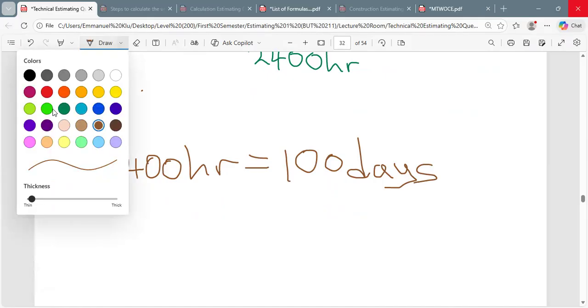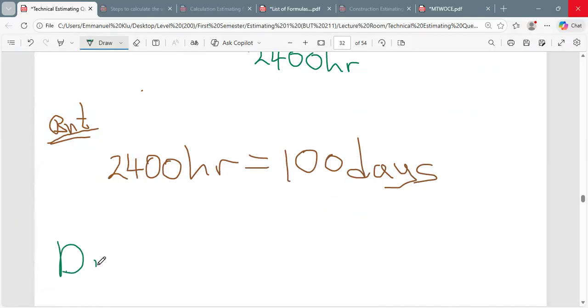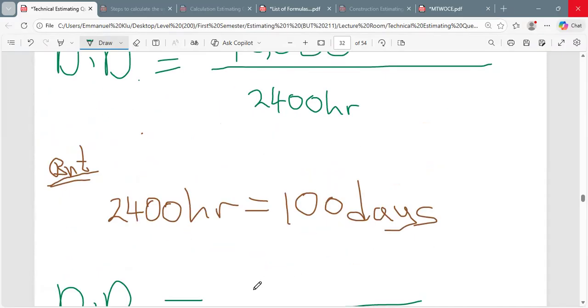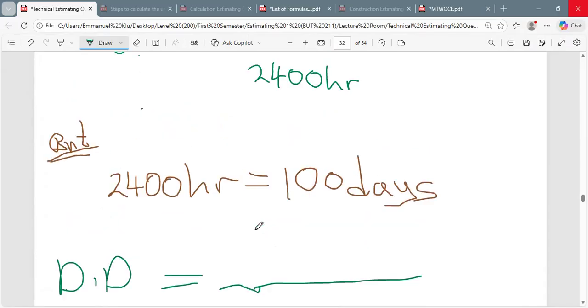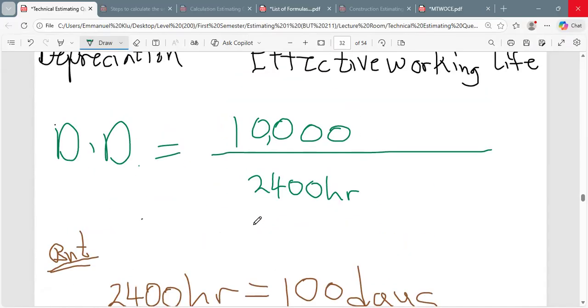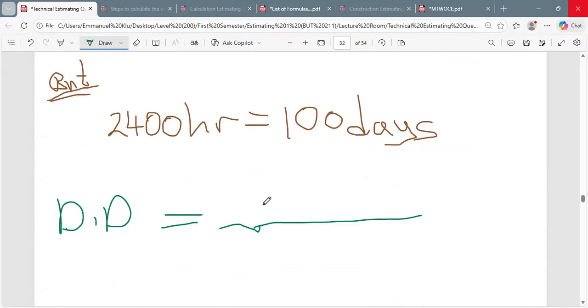Okay, so at the end of the day, our daily depreciation can be said to be equal to 10,000 over 100, all over 100. Good.